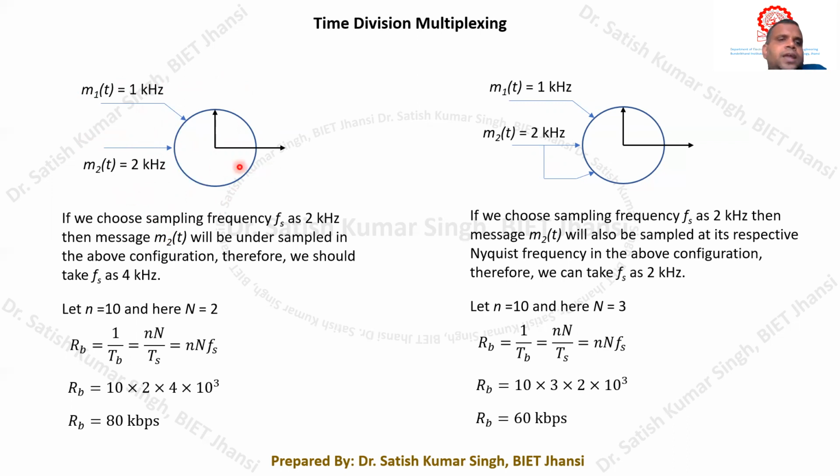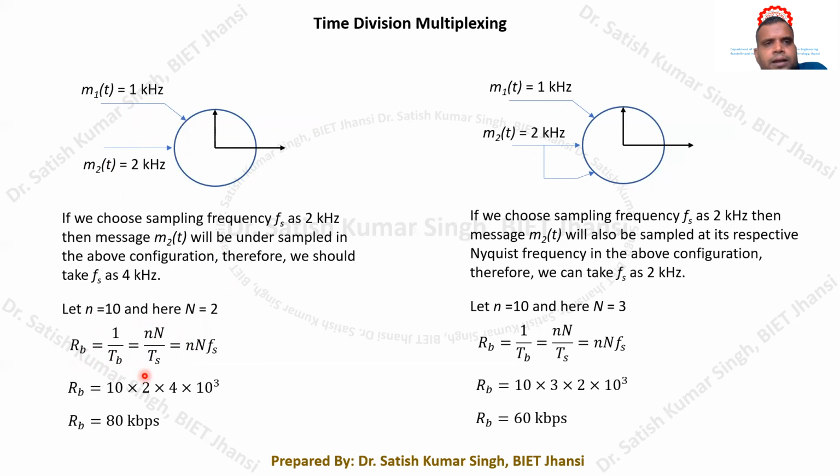Once we take 4 kilohertz, let us suppose the number of bits required is n equal to 10, and capital N, the number of message signals that we want to multiplex, is equal to 2. So we can calculate the bit rate Rb, which is 1 upon Tb. That can be calculated as n multiplied by capital N divided by Ts.